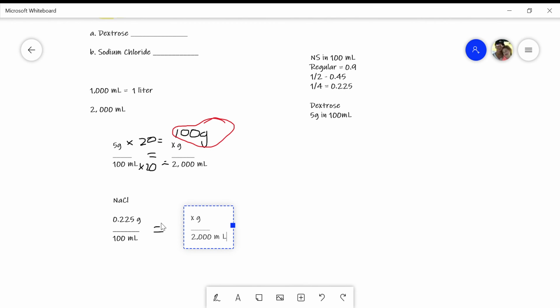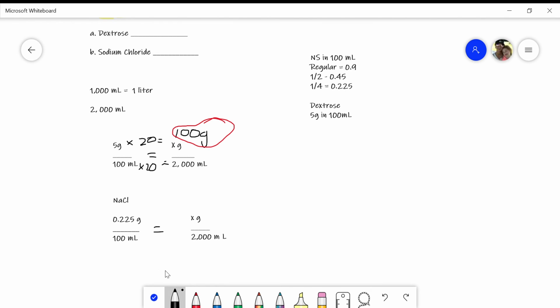We'll do it the same way. If out of 100 milliliters it's 20, you're just going to multiply the 0.225 times 20. It's constant. And that should give you 4.5 grams.